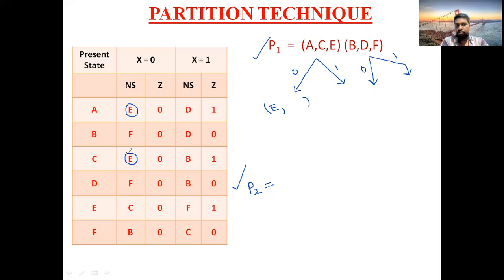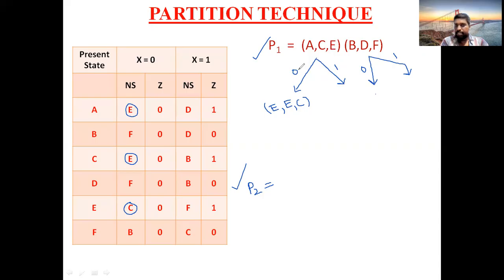Again, we are going to E only. So write here E. Next is state E. State E when x equal to 0, it is going to C. So C here. So E comma C are the 0 successor values for ACE.